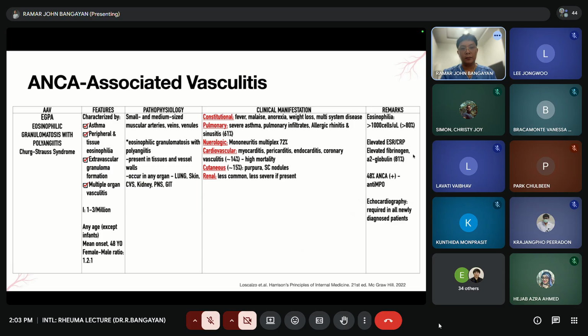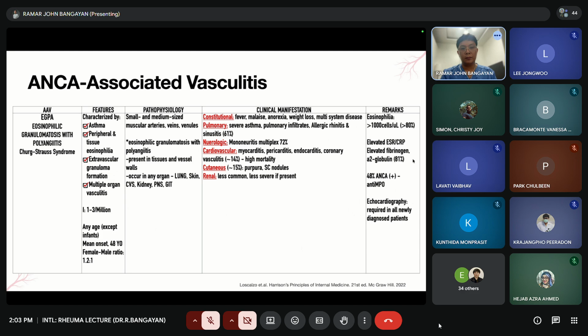Okay? ANCA can be positive, but 48% of the time it can be MPO. But it's not necessarily required because what you have to look at is the biopsy findings. And you would see more than 10 per high power field of eosinophils in the tissue. That's 80% of the time.